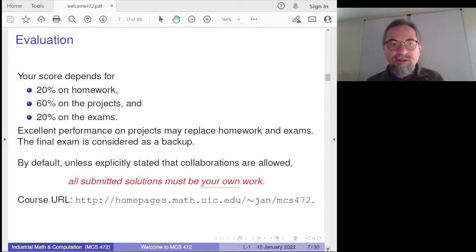So there will be one entire lecture on how to write the project report. Citing and giving proper credit to your resources is also important. There is a homepage for this course where all the links to the information and the links to the pre-recorded lectures will be posted.